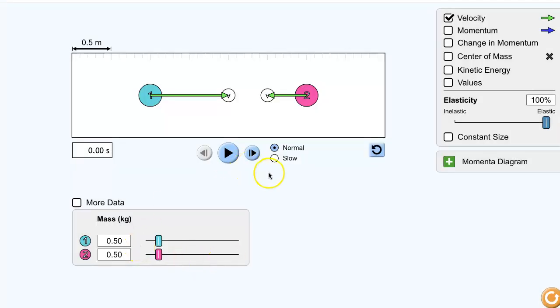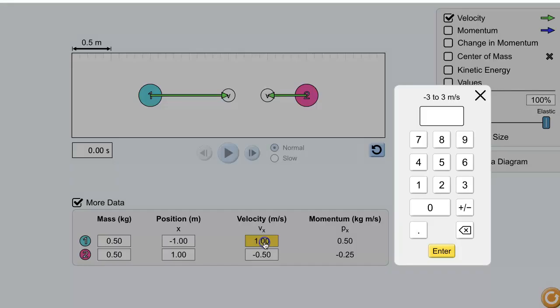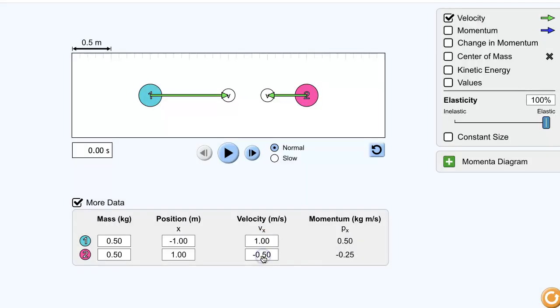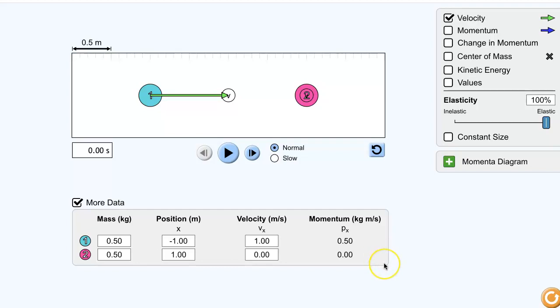Then here my masses are really equal. Now I will click more data, and here it is going to show you velocities. I will say for mass 1, let's say 1, it doesn't matter. For mass 2, I want to have it stationary. This is the situation.